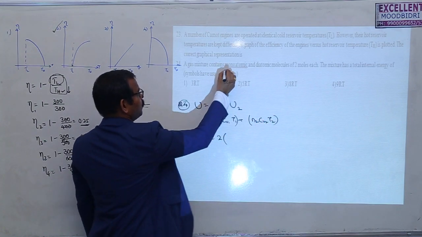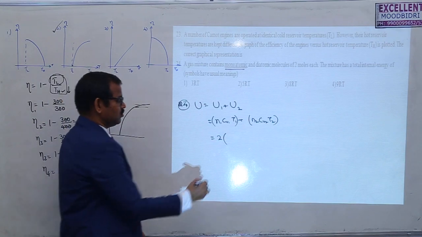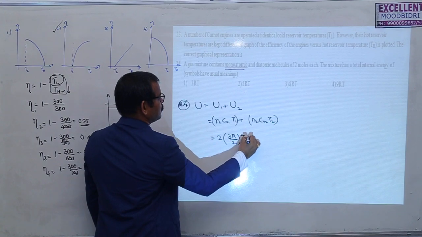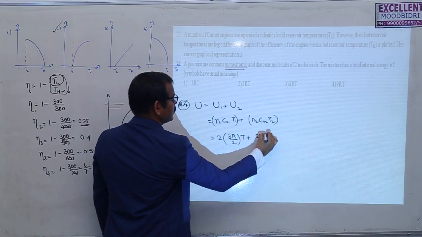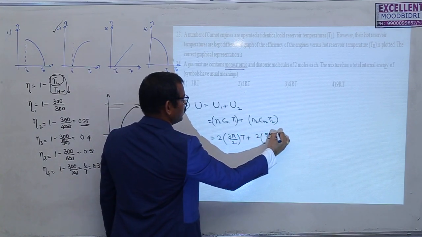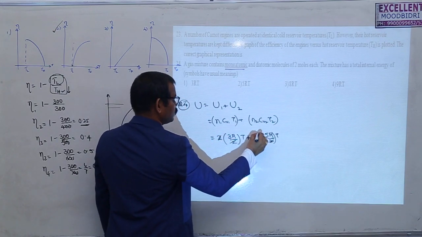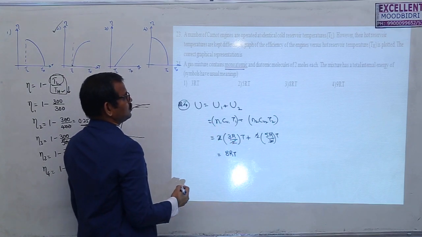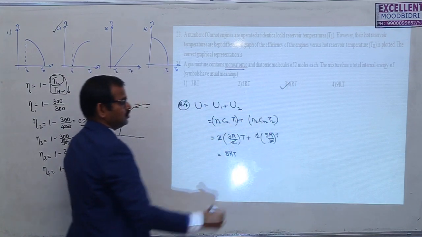So this is 2 moles. For monoatomic gas, Cv is 3R by 2, into temperature T. For diatomic gas, this is 5R by 2 into T. So the 2s get cancelled. 3RT plus 5RT. The total internal energy of this mixture is 8RT.